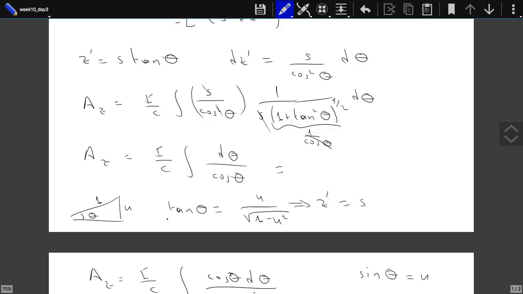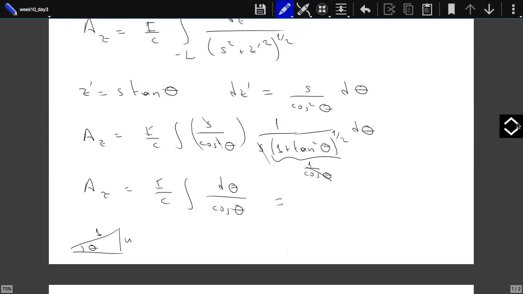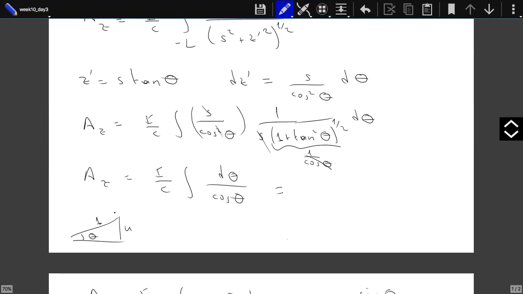Now what we are trying to do is express u here in terms of z prime. At the same time, if this is u over here, you see tangent theta is equal to z prime over s.